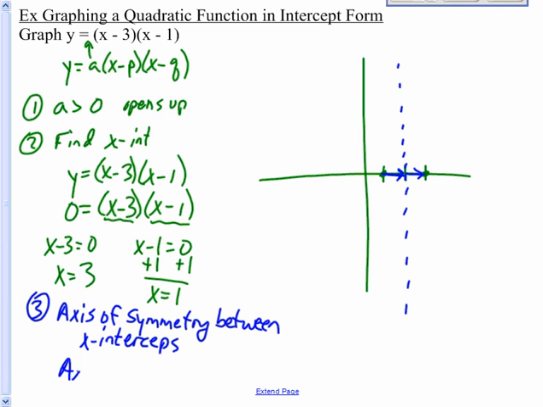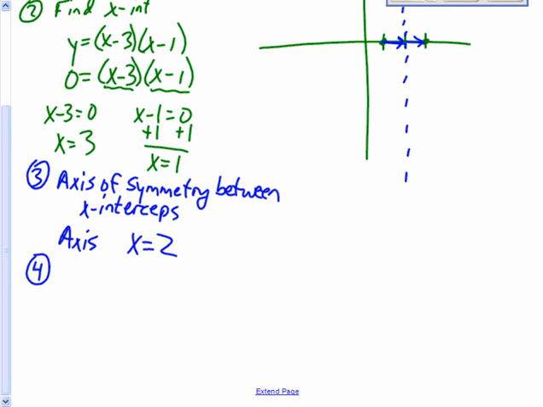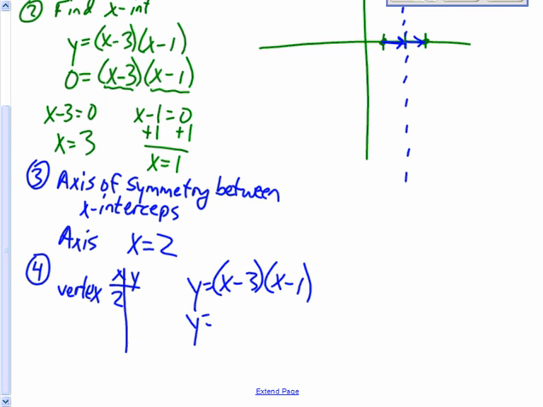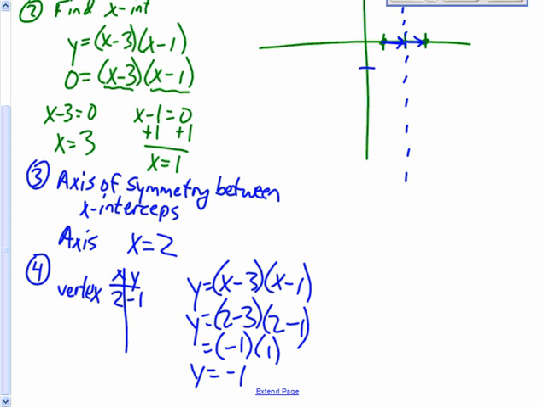So the axis is at x equals 2. Well, that helps me because now I know that's where my vertex lies. My vertex must be on that line, x equals 2, and I just plug it into this. I get 2, negative 1. There it is, right? I already got these 2 points, so there's a couple I already have.